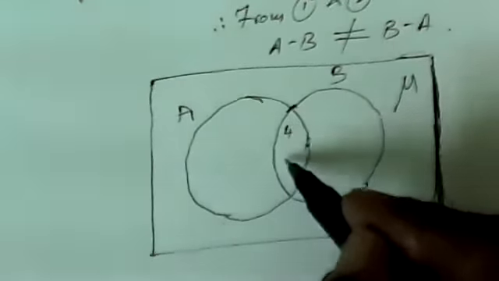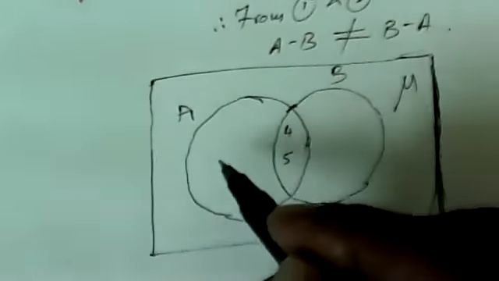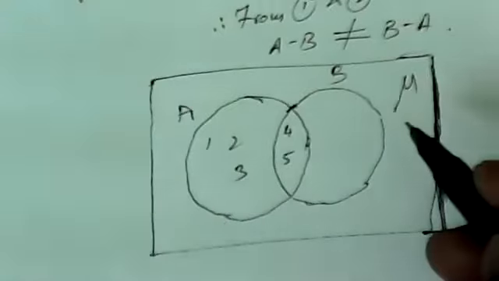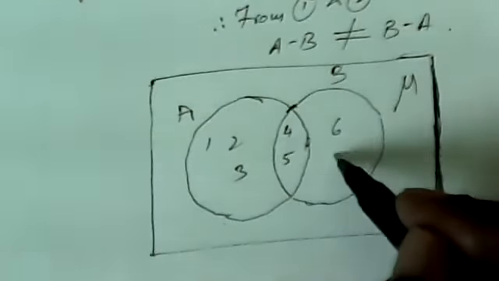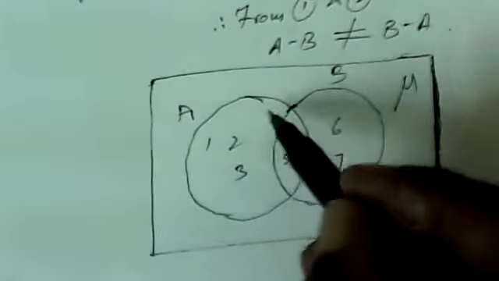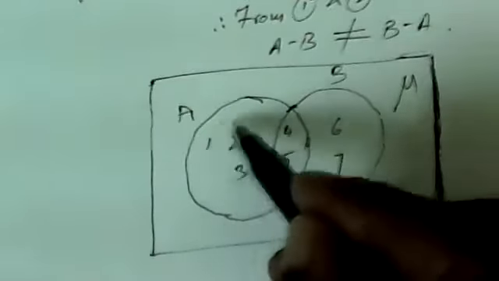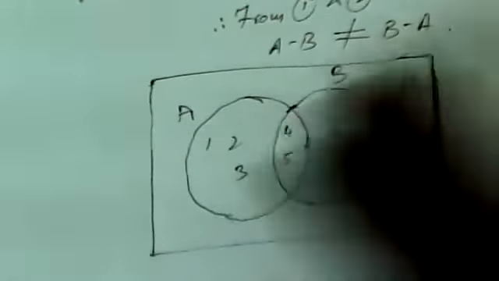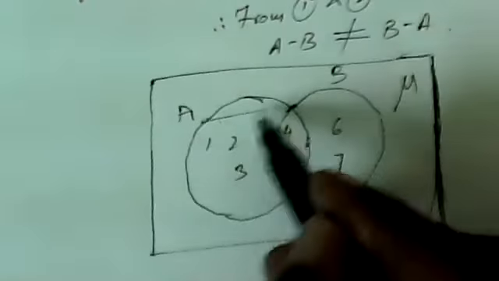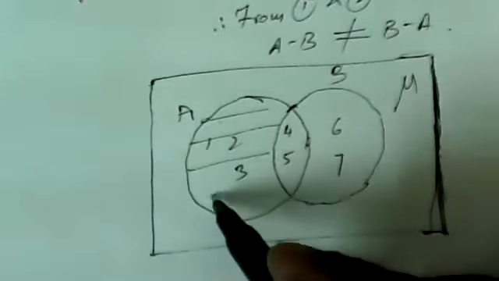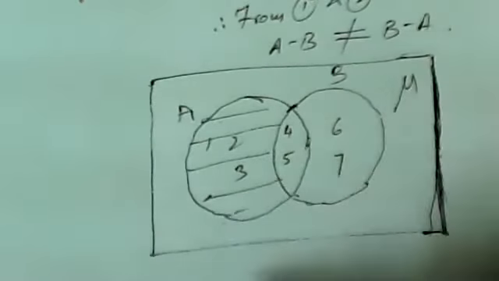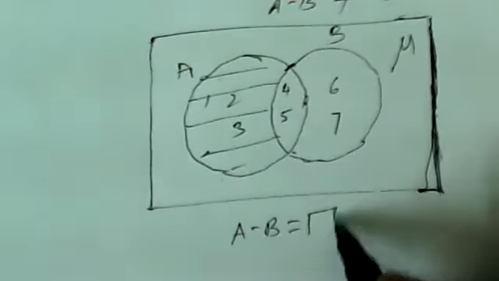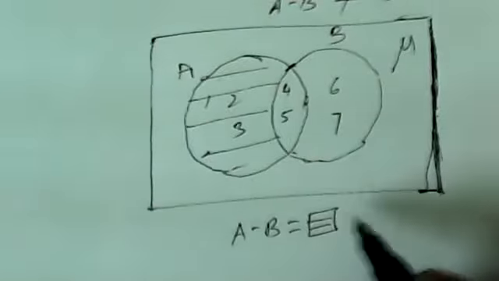So 4, 5 are common. Remaining inside A are 1, 2, 3. Remaining in B are 6, 7. So this is A minus B, which means from A you have to remove B. This is A minus B, the horizontally shaded region.